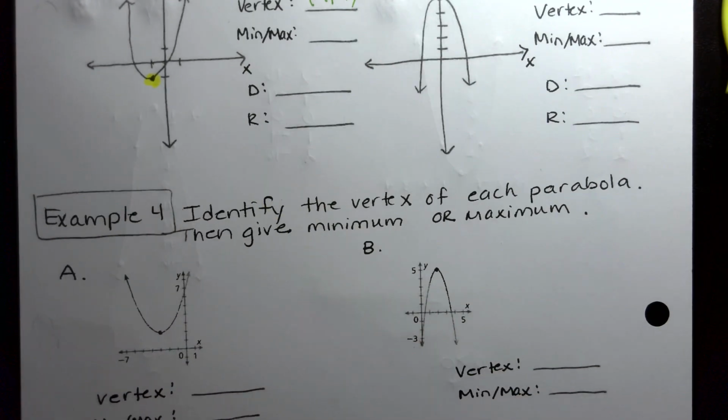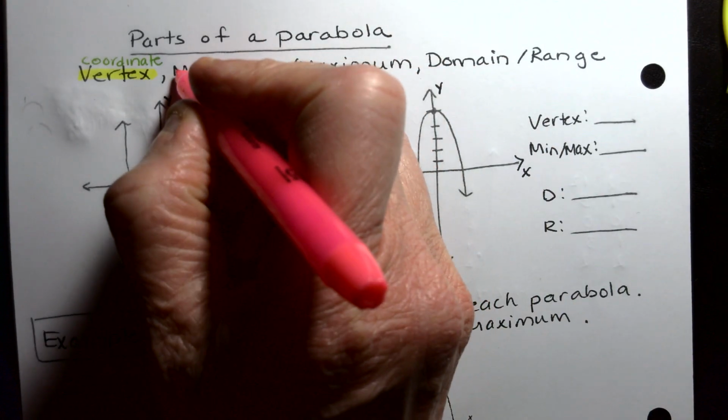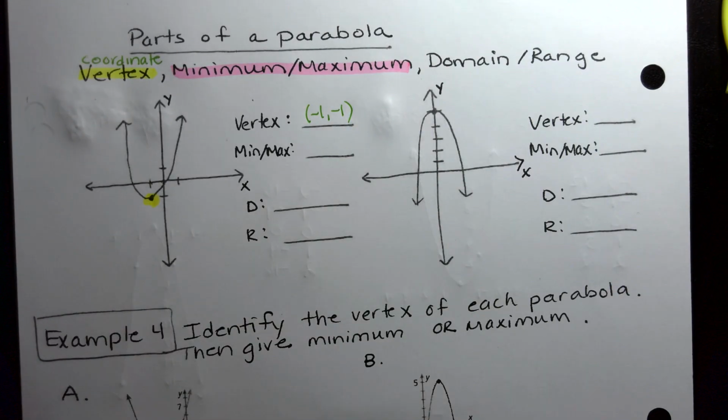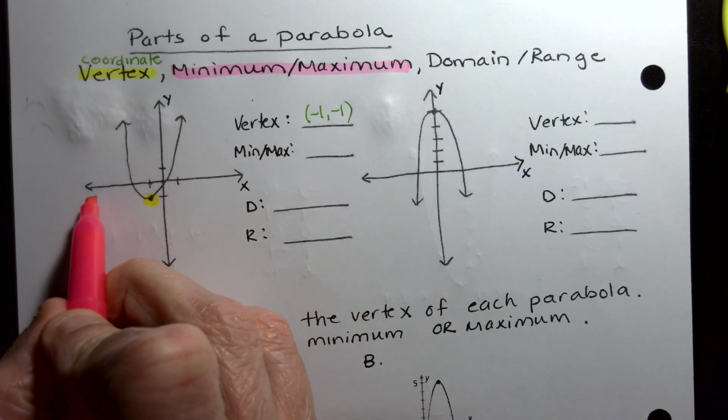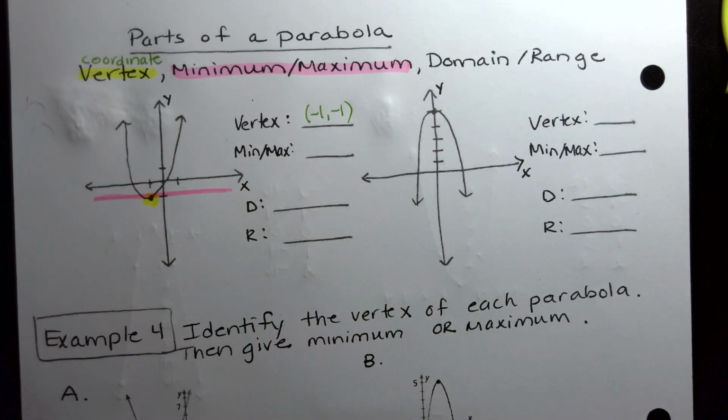Okay. So we're going to talk now about minimum and maximum, but I don't want another yellow. I want pink. I got that too. So when you look at that vertex, we're looking at this right here. Is that point a minimum of the whole graph, or is it the maximum of the whole graph?